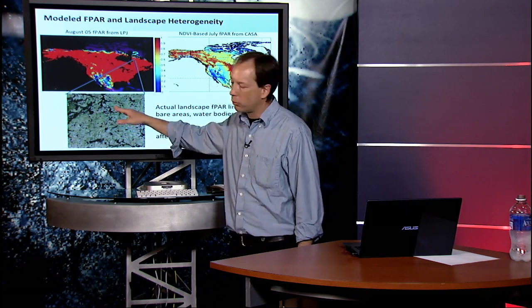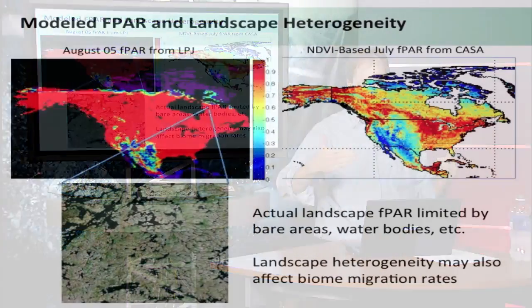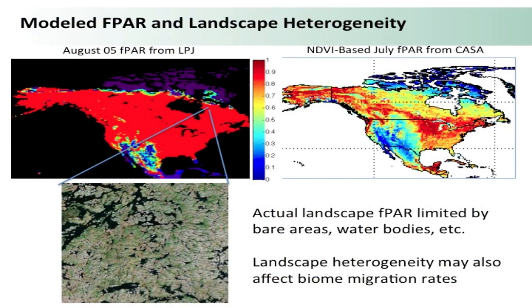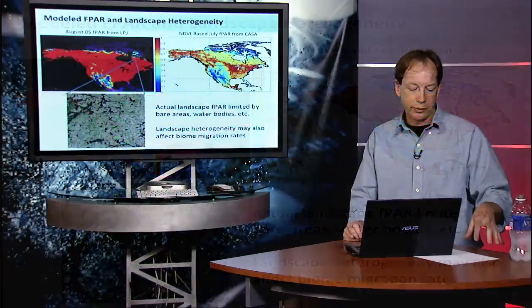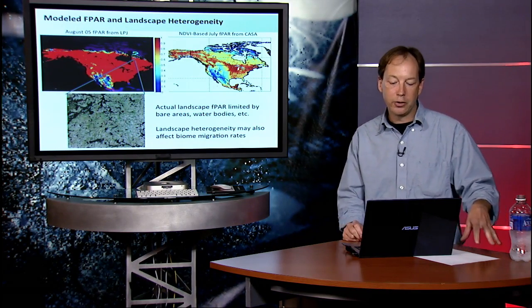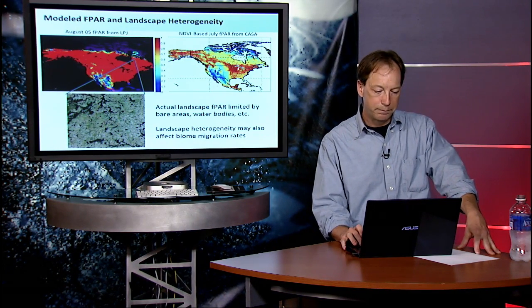It has no way of incorporating all of these different barriers to how vegetation and biomes shift. Things like lakes that impede seed dispersal and bare patches and so forth. And that's one of the reasons why we're interested in doing this kind of work at Landsat resolution, is that we can actually incorporate that landscape heterogeneity directly into these sort of global models.